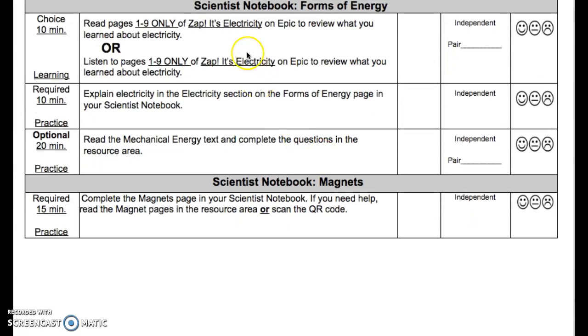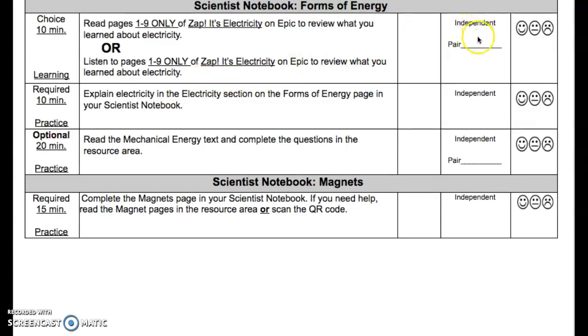The next section is your scientist notebook, working on forms of energy. You have a choice. Set your timer for 10 minutes. This is learning. You can read pages 1 through 9 only of Zap, It's Electricity on Epic to review what you learned about electricity, or listen to pages 1 through 9 only of Zap, It's Electricity on Epic to review what you learned about electricity.